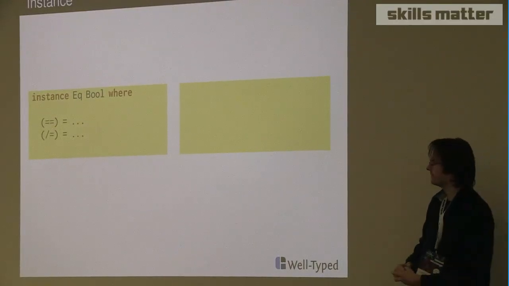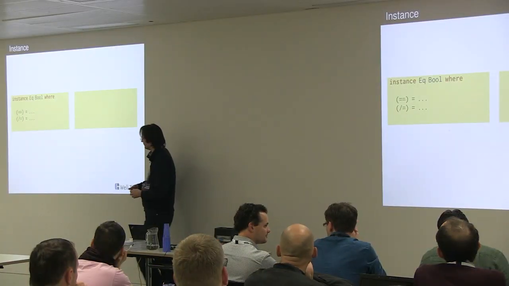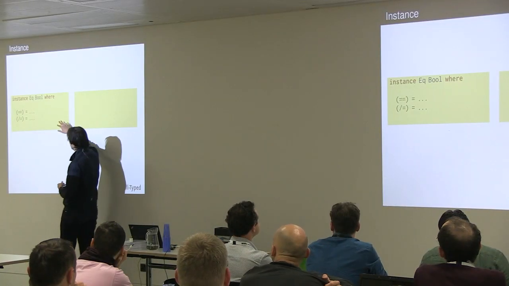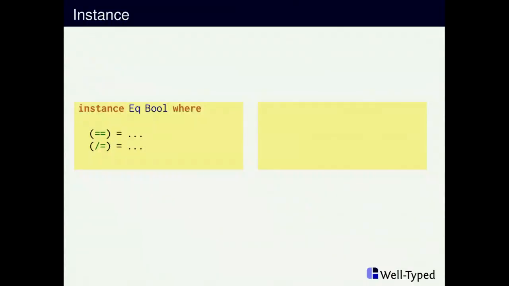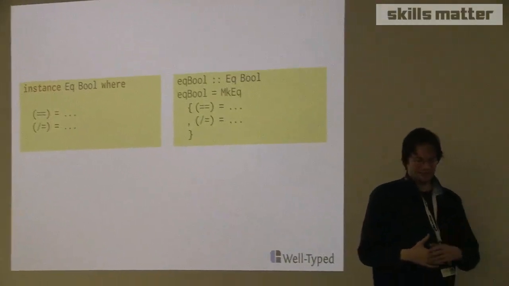If we have an instance, such as the instance for Booleans, and it doesn't really matter for now what the code might be that is given for these things, then the instance is translated into an actual value of this record type. So we're going to introduce something that has a name, and I'm always going to use names that are hinting at what they represent.